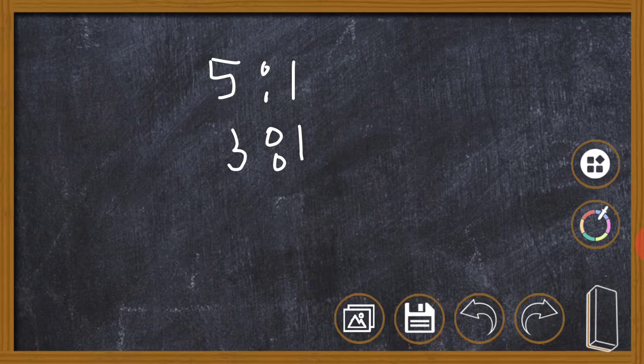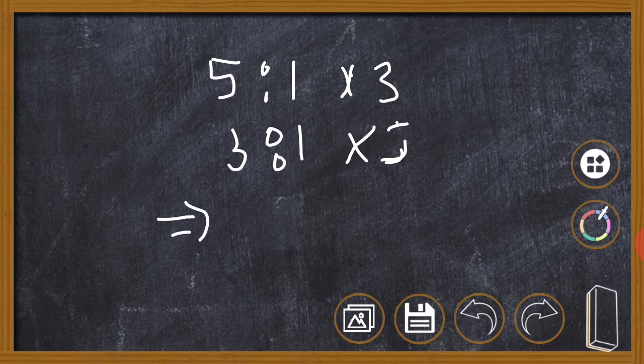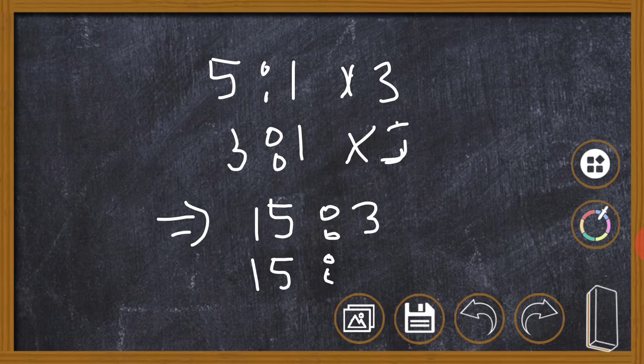So it's very easy. Since the amount of milk is constant, just multiply the first ratio by 3 and the second by 5. So the ratios become 15 is to 3 and 15 is to 5.